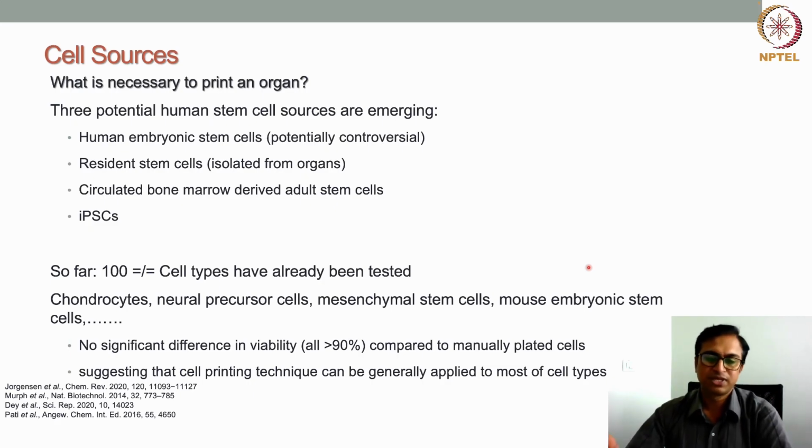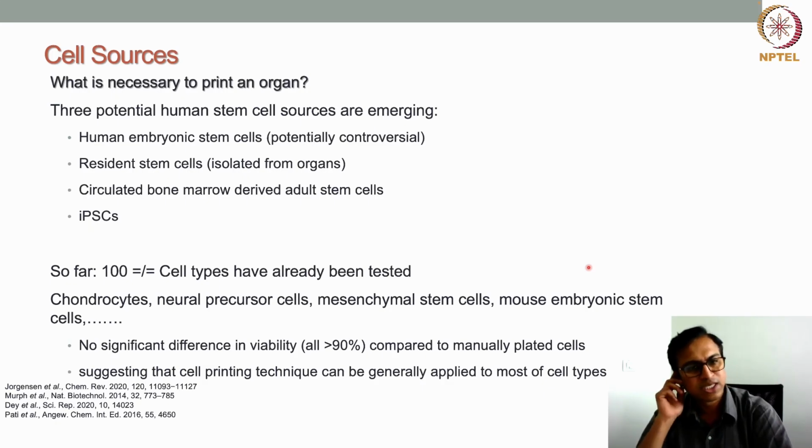We can easily isolate either bone marrow stem cells or adipose derived stem cells from the patient, grow them, and then use them for bioprinting. There are different types of cell sources. Human embryonic stem cells are one of them, but they are potentially controversial.